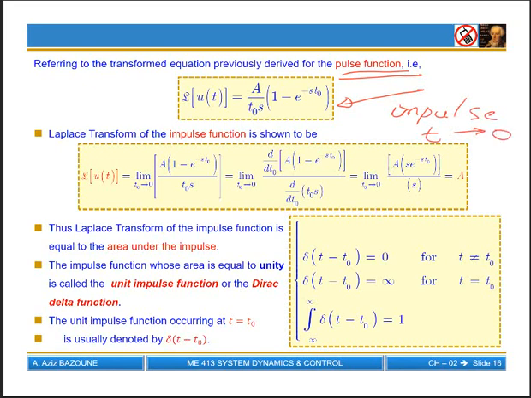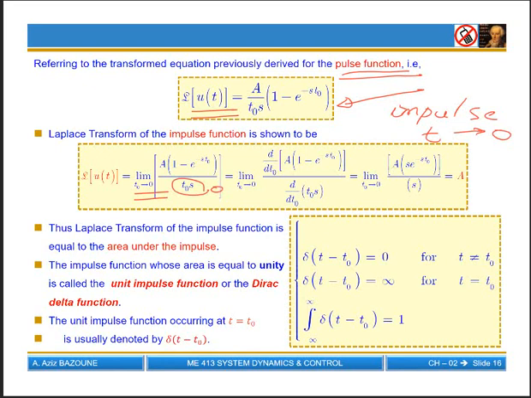Now we take the limit of this one when t goes to 0, we will find the following: A times 1 minus exponential minus T0 s, over T0 s. Now, if we take the limit when T0 goes to 0, what will happen here? The denominator will be 0.